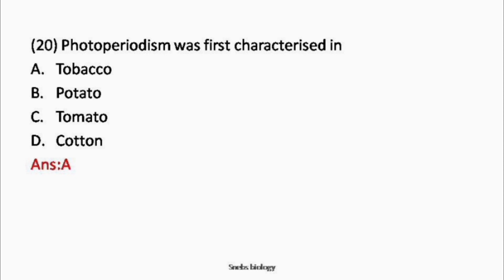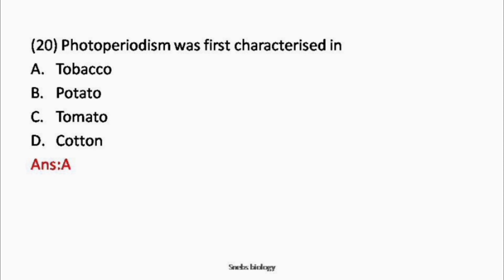They observed that the Maryland Mammoth variety of tobacco could be made to flower only by reducing the light hours with artificial darkening. It could be made to remain vegetative in winter by providing extra light. So the correct answer is option A, tobacco.